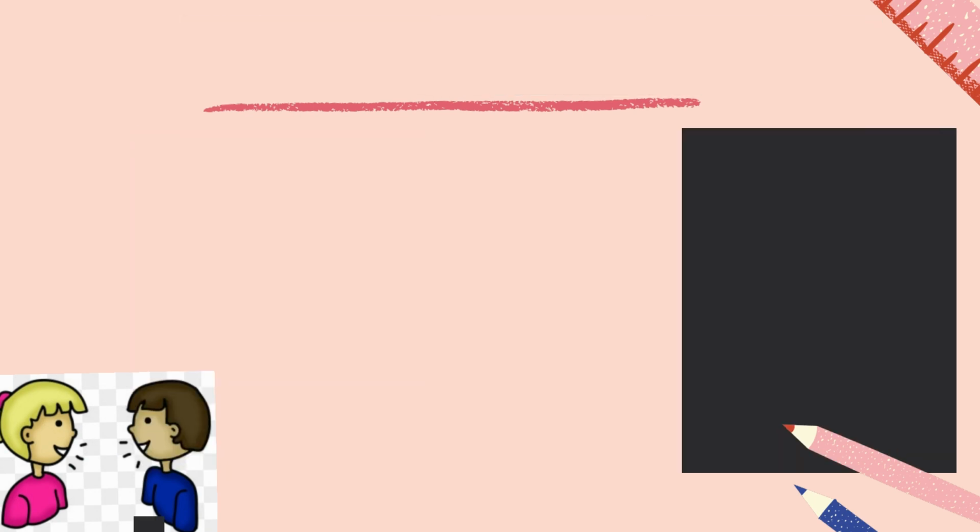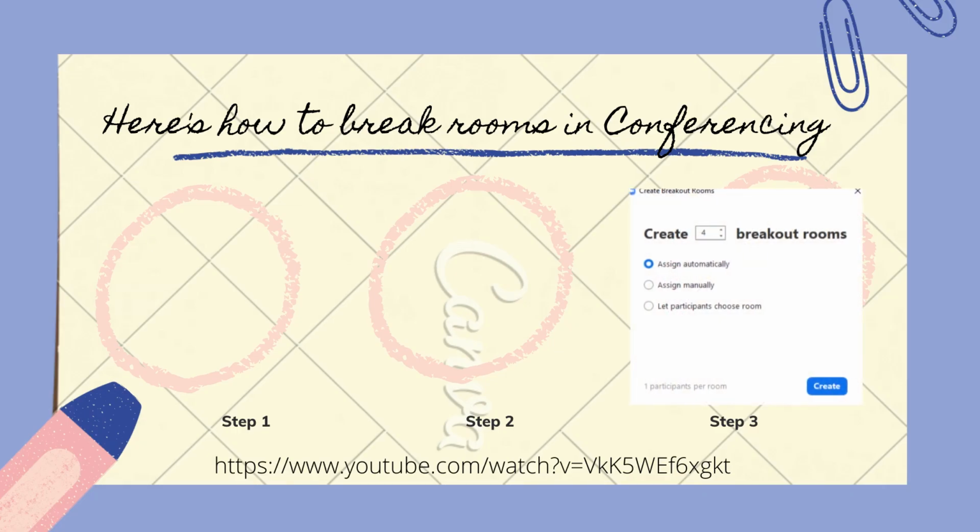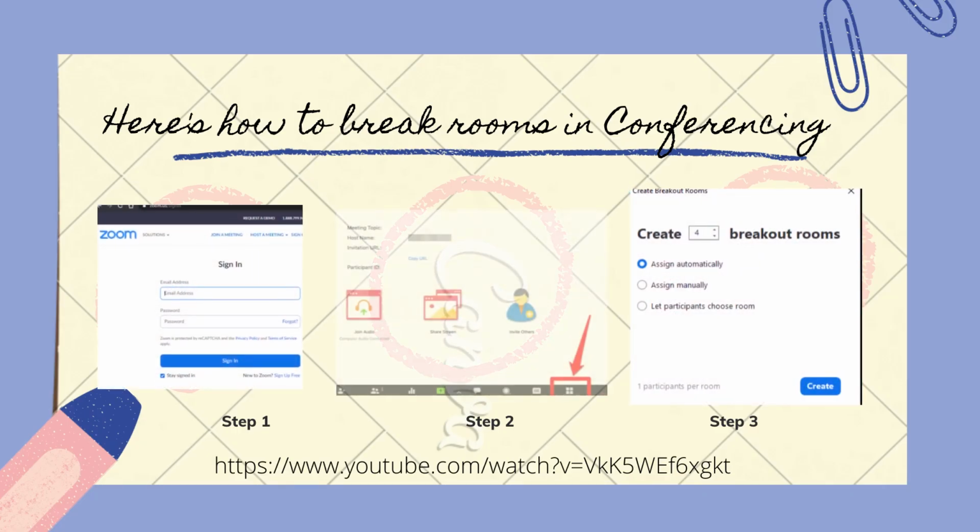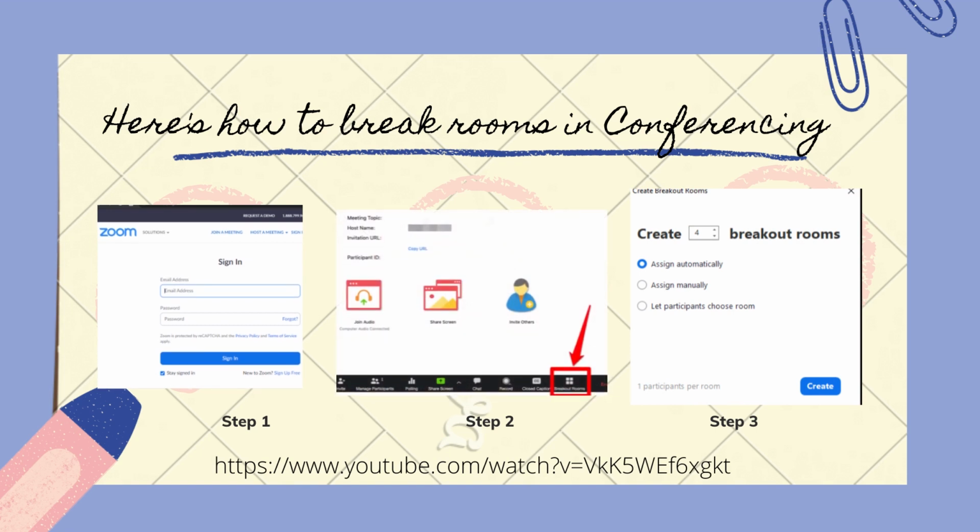Now I am going to show you how to create breakout rooms in conferencing. Step 1, log in to your Zoom account, and after logging in, look for the breakout room icon. As you enter that, you will see the breakout rooms number.